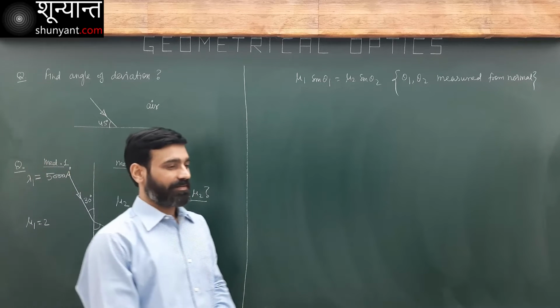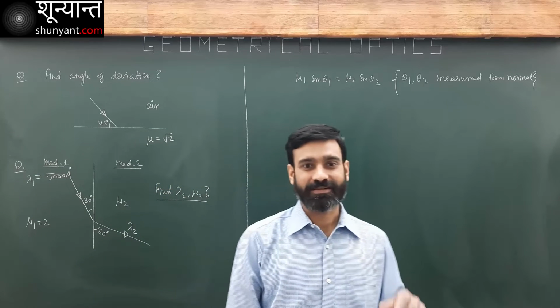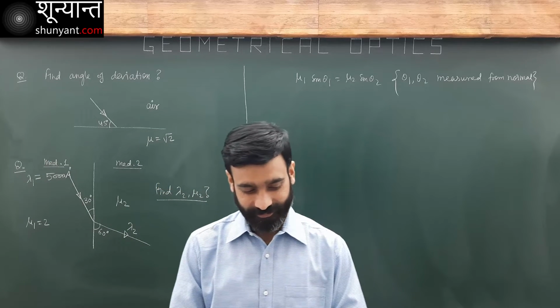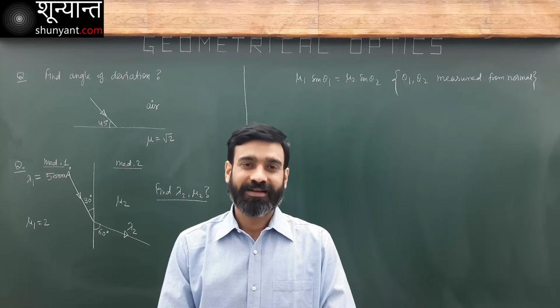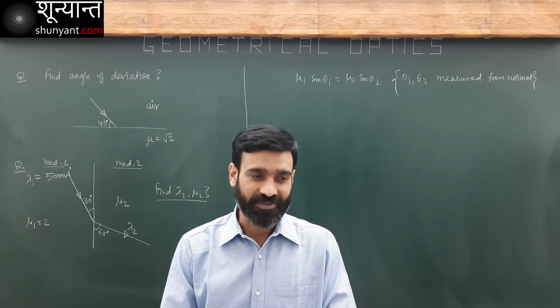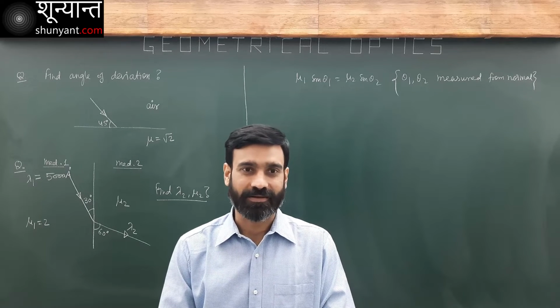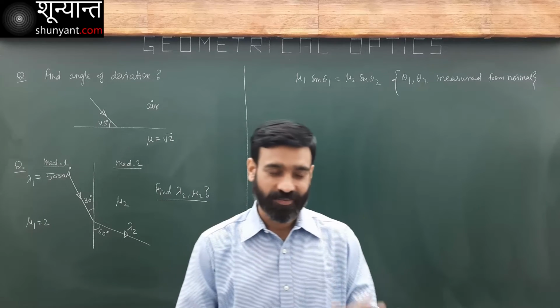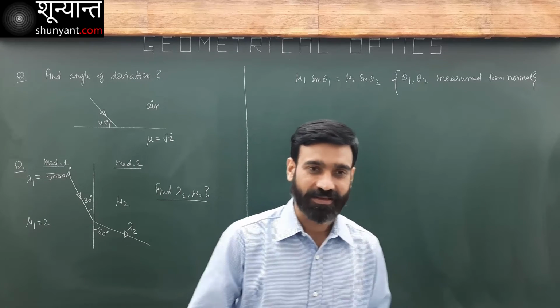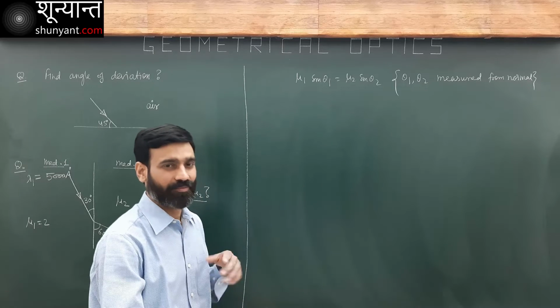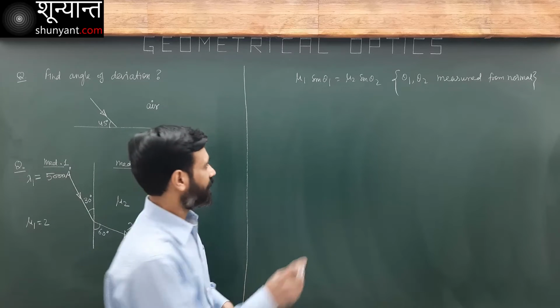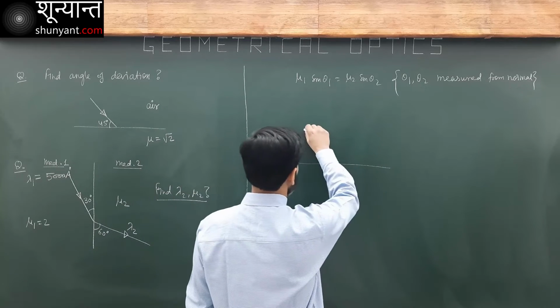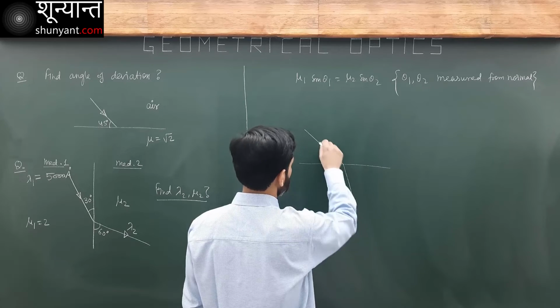Sometimes we call it angle of incidence and angle of refraction. But it does make sense. You see, it's like this. I have some angle. This is my light.